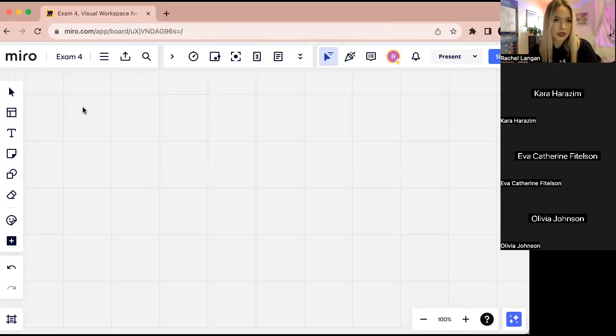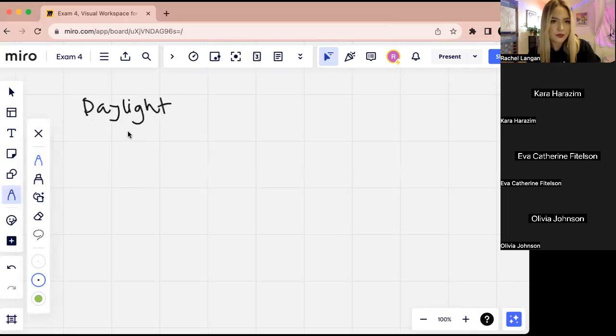So the first one, we're gonna look at is daylight. So in the daylight, what we're gonna get is no elongation.